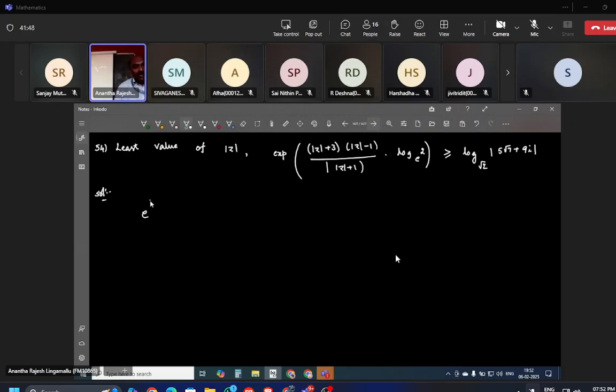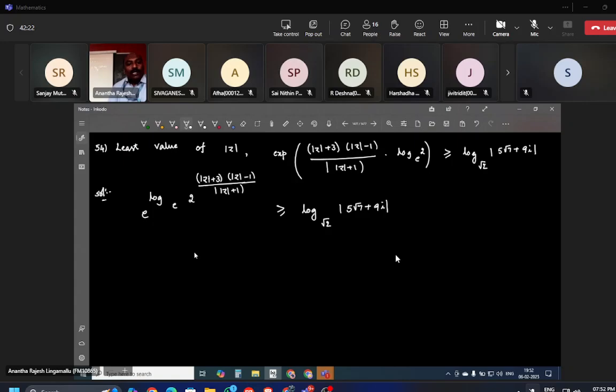Okay, so e to the power log 2 power mod z plus 3 into mod z minus 1 divided by modulus of mod z plus 1, with base e. All of you understand this step or not? This one is greater than or equal to log modulus of 5 root 7 plus 9i with base root 2.